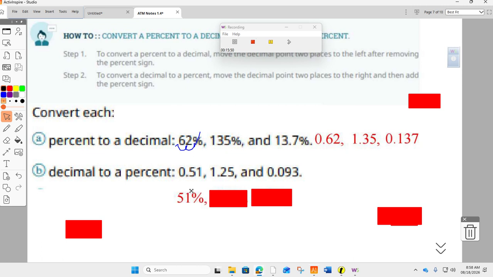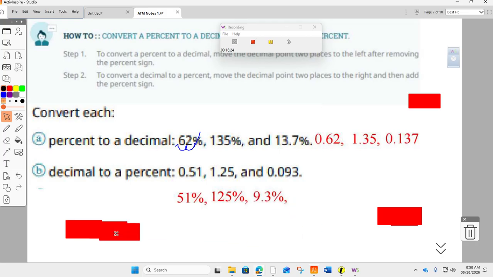That's the purpose of that concept. 2 places to the right puts this at 125 and add the percent. 2 places to the right on the last one. 1, 2. Puts you at 9.3%.